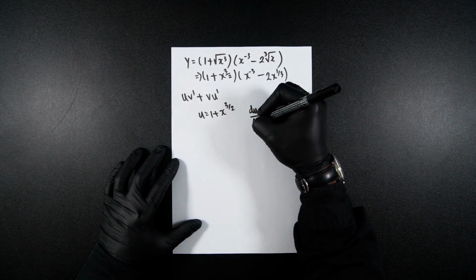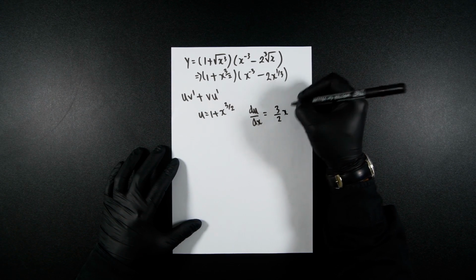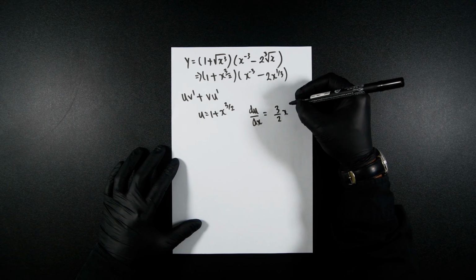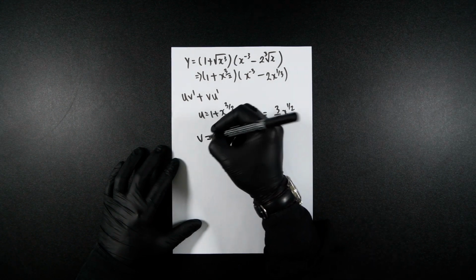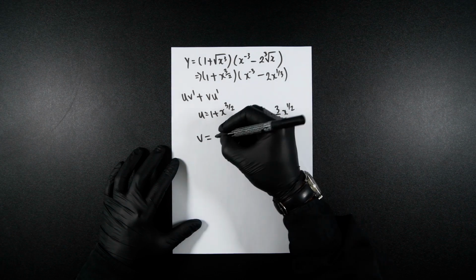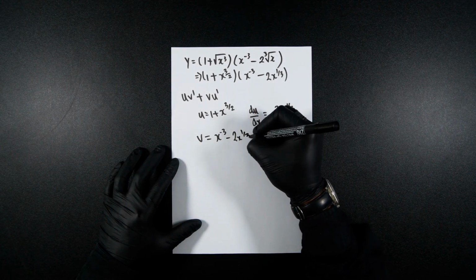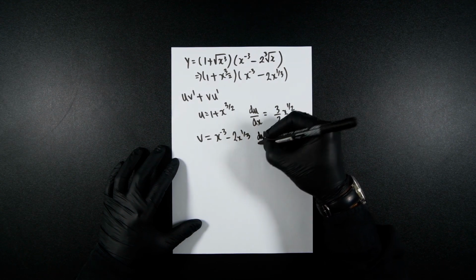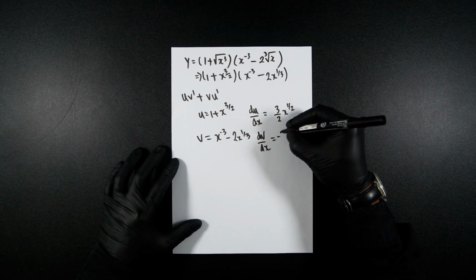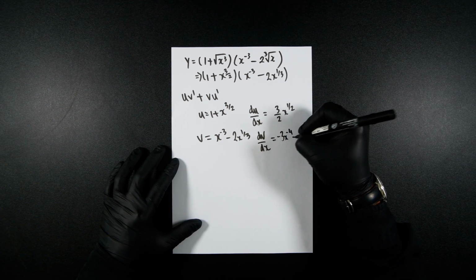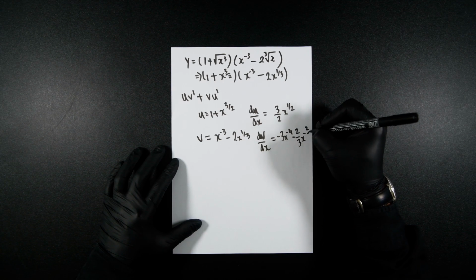So du/dx would then be 3 over 2 x to a half, and v would be x to the minus 3 minus 2x to the third. So dv/dx would then be minus 3x to the minus 4 minus 2/3 x to the minus 2 over 3.